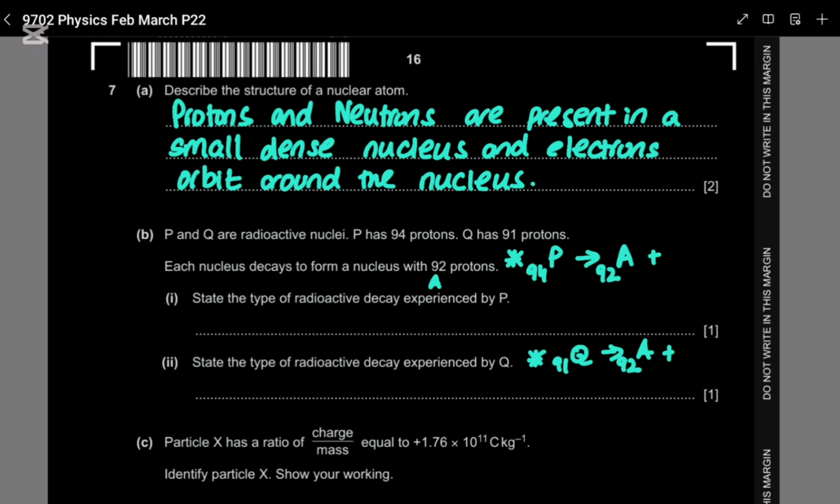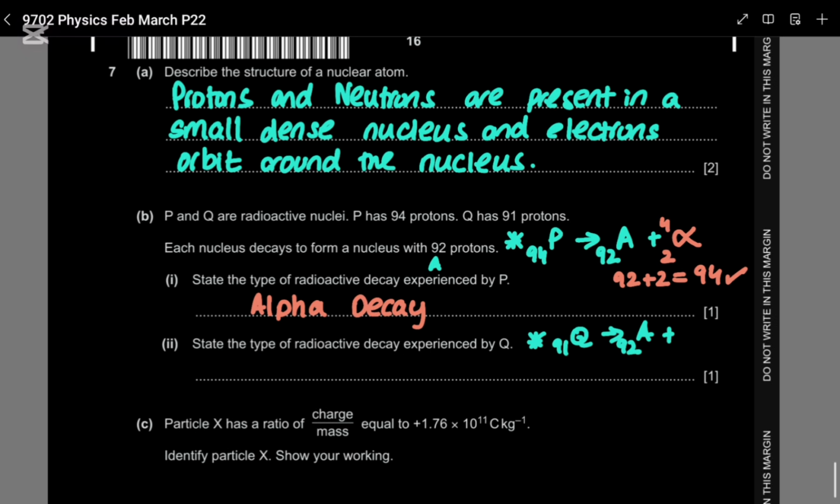We know that the charges, the number of protons, must be balanced. So over here it's going to be alpha, because alpha has 2, so 92 plus 2 is equal to 94, so it's alpha decay. Now over here it's going to be a beta minus decay, 0 minus 1, because 92 minus 1 is equal to 91.